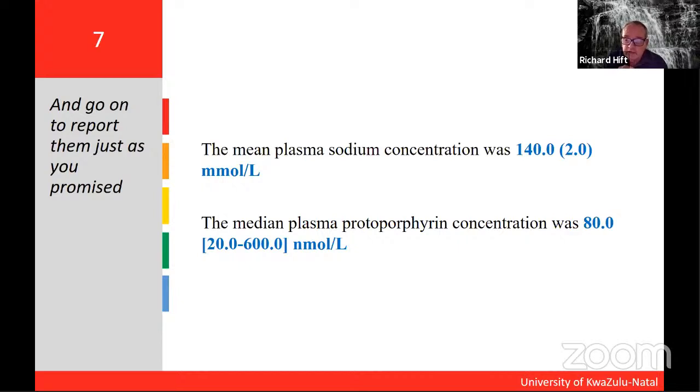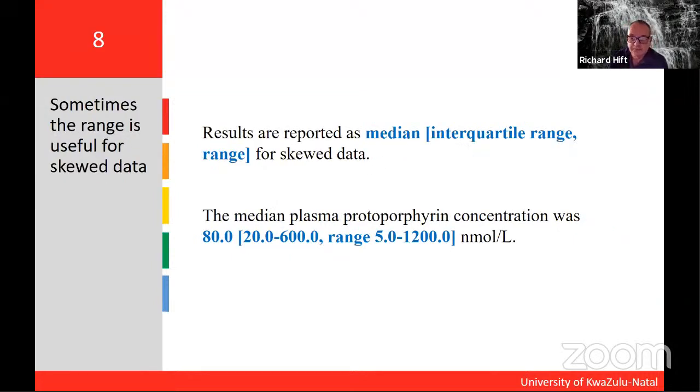Anything that looks like a normal distribution that has a number with an open parenthesis and a number and another closing parenthesis, that is a standard deviation. And similarly, at the bottom, medians followed by square brackets means that inside the square brackets is your interquartile range. That's your 25th percentile up to your 75th percentile.